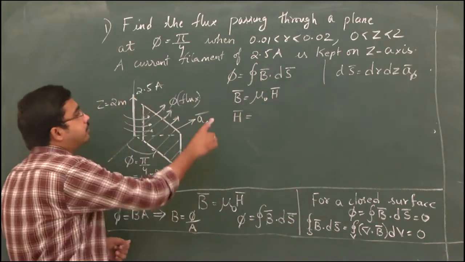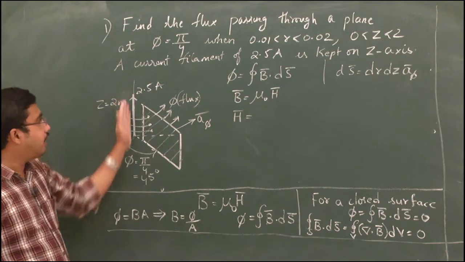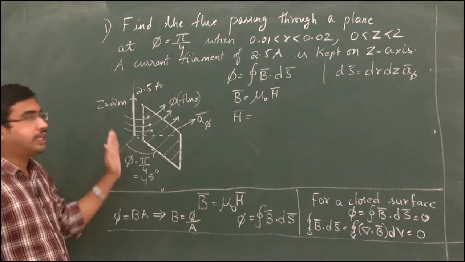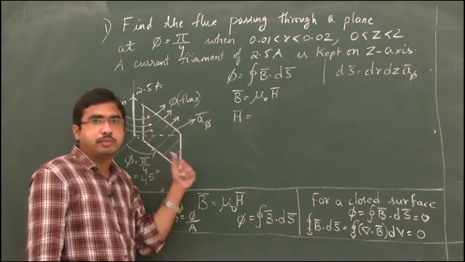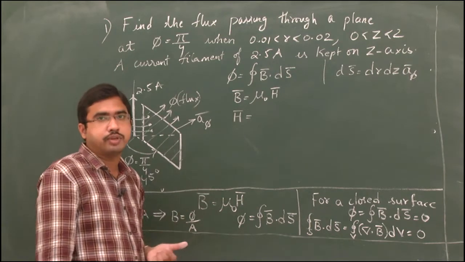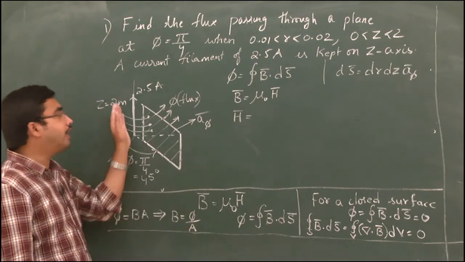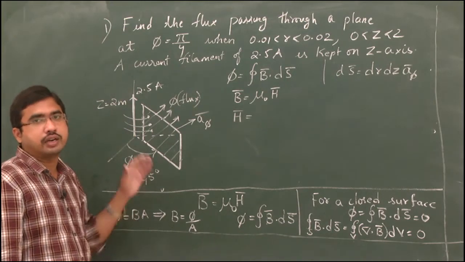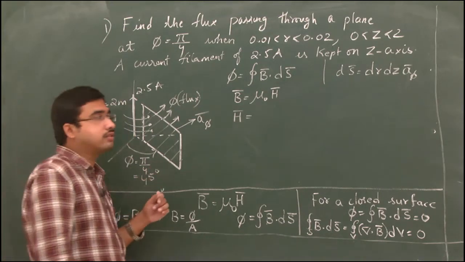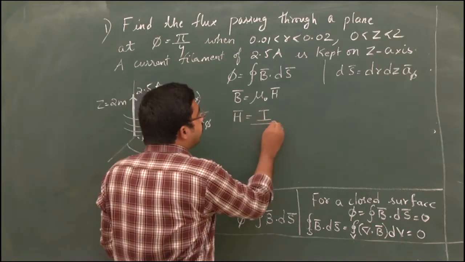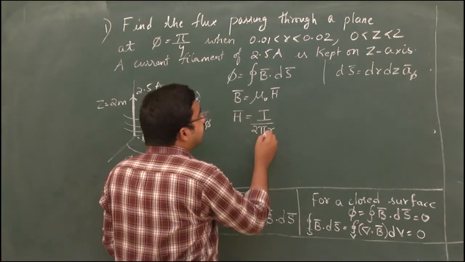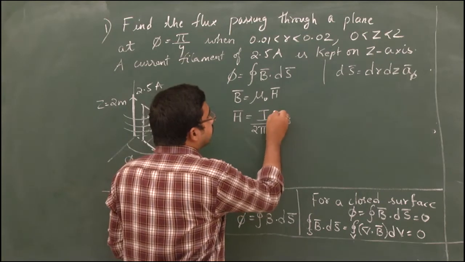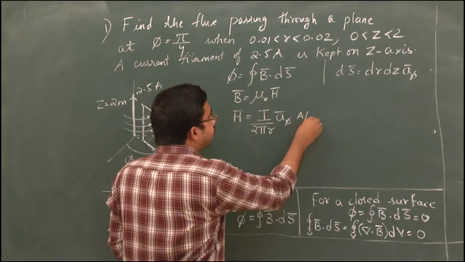Now H bar, due to a straight current carrying conductor along z axis, we have already derived an expression by using Biot-Savart's law as well as Ampere's circuital law. H bar at a point due to the infinite straight conductor placed on z axis is I by 2 pi r into a phi bar, amperes per meter.